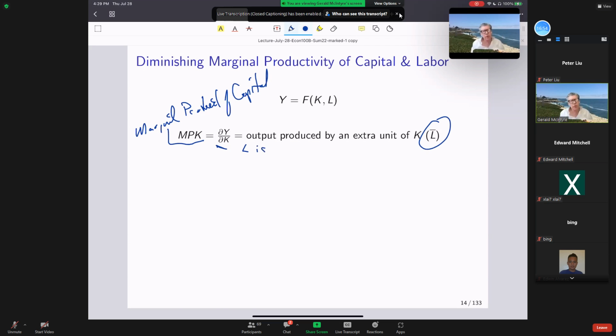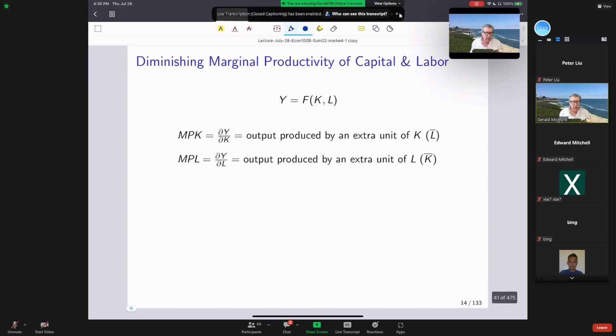L is fixed. And the idea on this would be, well, if you bring an extra piece of machinery, an extra piece of capital into the factory, into F, keeping labor fixed, how much extra output do you get? One unit comes in here, and how much extra do you get here? That's a partial derivative, and it's the marginal product of capital.